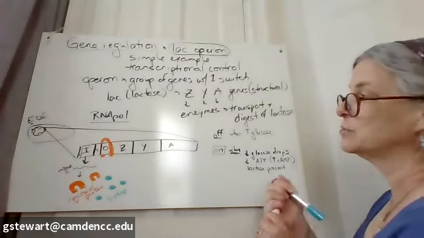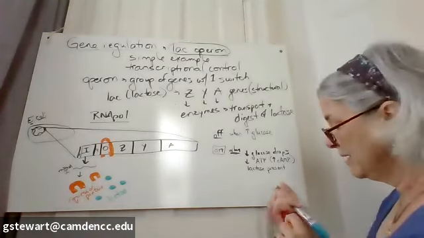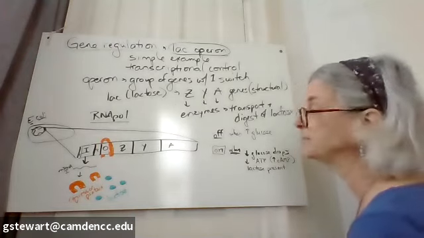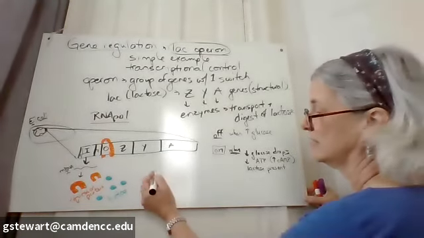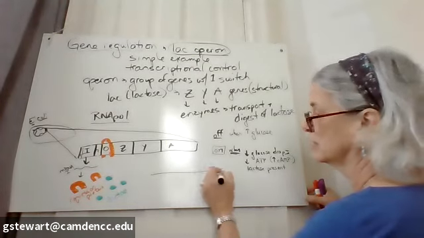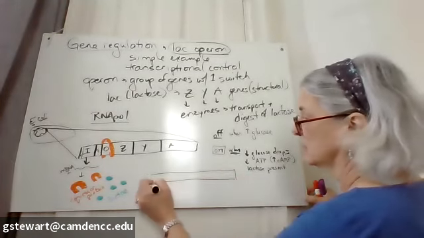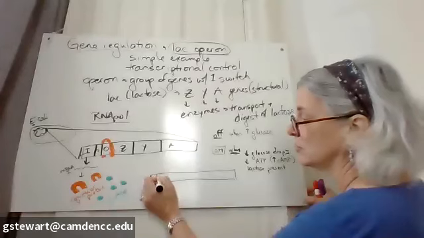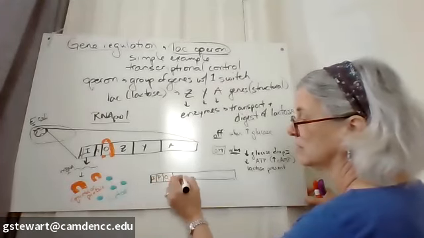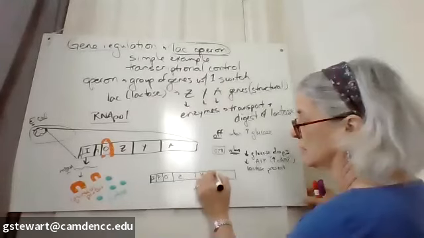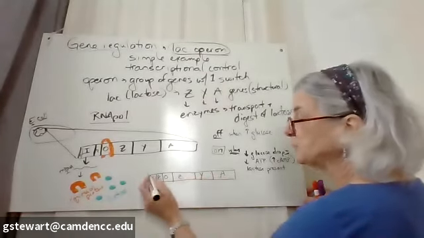So when lactose is present, what's going to happen is I'm going to redraw my operon. I realize it's kind of tight here, but I'm just going to redraw it for the on position. So I'm just going to make I, P, and O a little bit smaller.